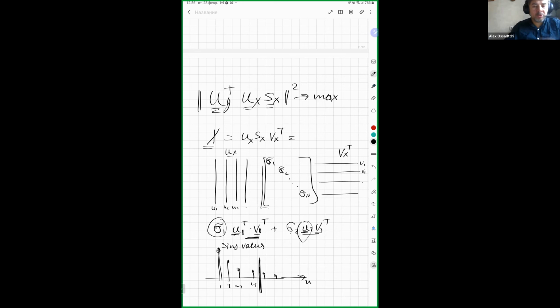Yes, and of course you can scale the contribution of these sums of squares, corresponding to u1, u2, and so on, with the corresponding singular value. It is also possible, and I'm sure there is such a method.